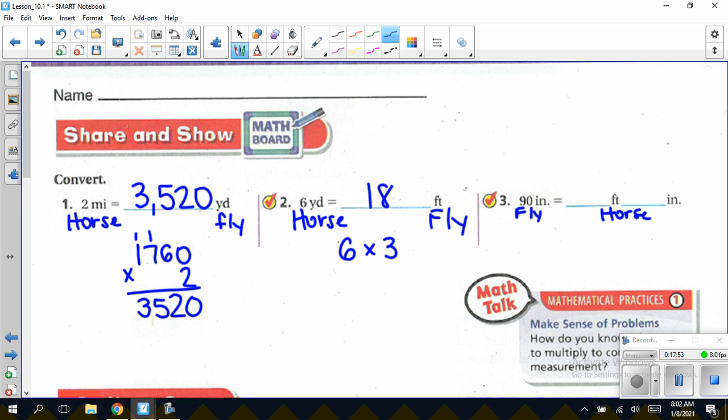So setting up my long division, 90 inches divided by the number of inches in 1 foot, which is 12. Well, the closest I can get to 90 is 7 times, which is 84. 90 minus 84 is 6. So I have 7 feet, 6 inches for that conversion.